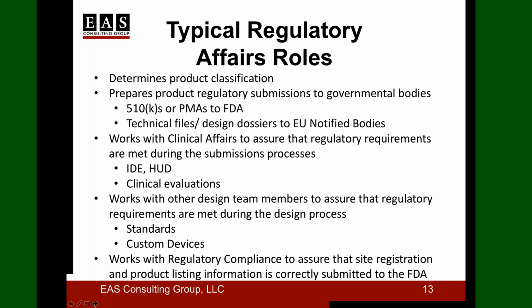Either the product is grandfathered as safe and effective, therefore it's a 510K clearance, or it's a product that is not yet grandfathered and has to be approved as safe and effective, then you have to submit a PMA, pre-market approval, not a PMN, pre-market notification, to the FDA. 510K or pre-market notification, PMN, are the same thing. PMA is a little different.